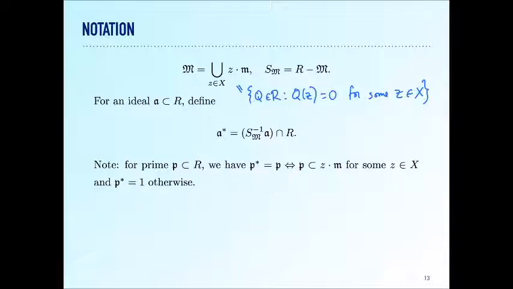And then for any ideal A, we define A star to be the extension and then the contraction with respect to this localization map. So you localize at this multiplicative subset, you take the ideal generated by A in this localization, and then you intersect back with your original ring R.